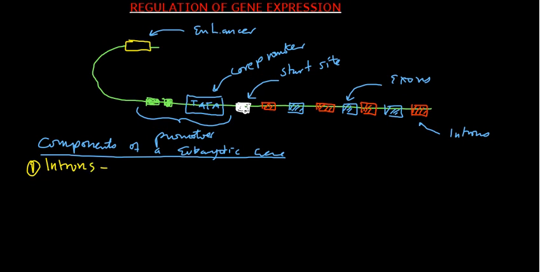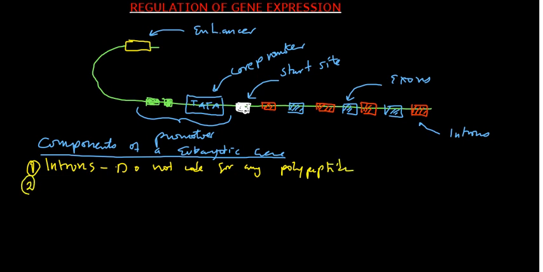They don't code for any polypeptide, and that is the reason why when you form mRNA, these introns have to be removed. So they do not code for anything.